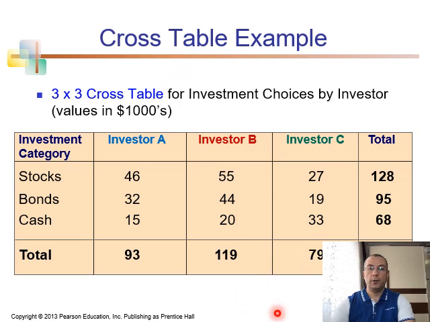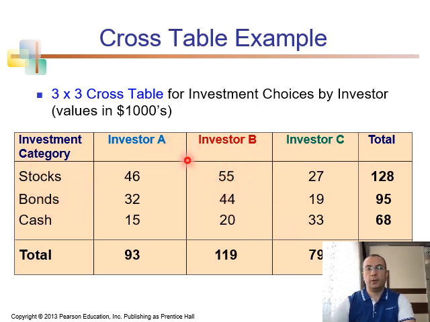Anyways, we also have a cross table example, and this is a different example about investors. We have investor A, investor B, investor C. They invest in stocks, bonds, cash. So it's actually categorical data, with A, B, C categories.